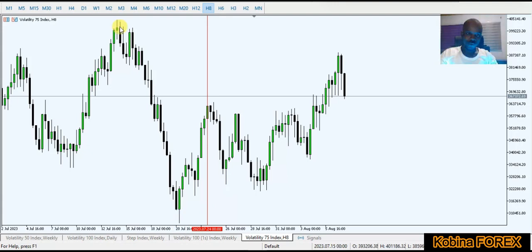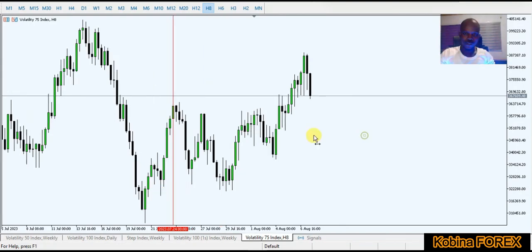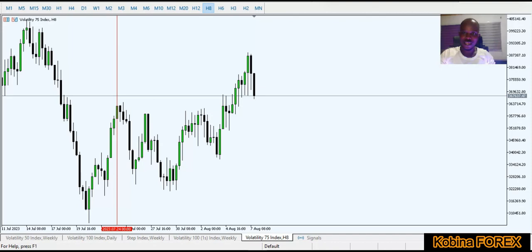Price traded from all this high, this point, this high, and then it took down this low and then rallied back down. This is what we call in ICT a mitigation block. So this is how mitigation blocks are usually formed.